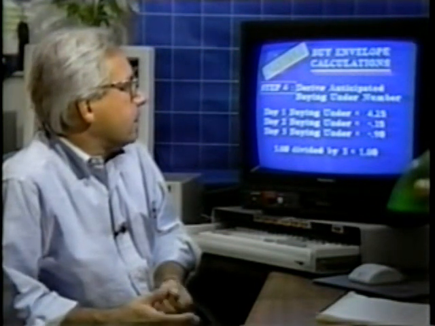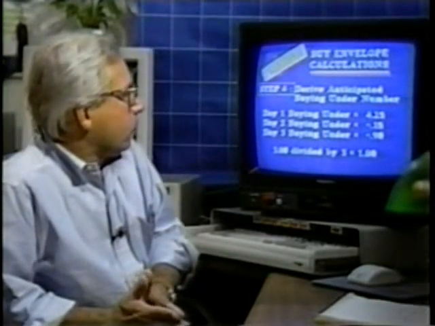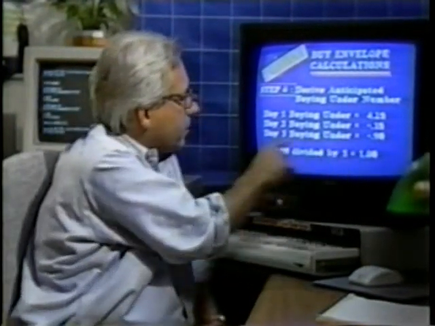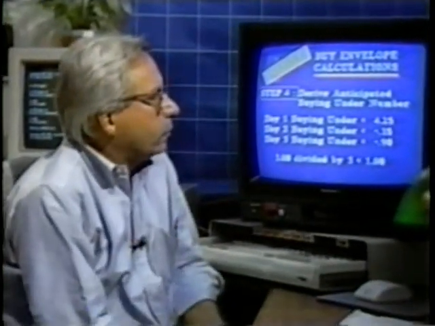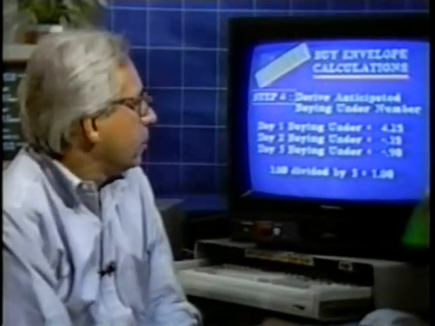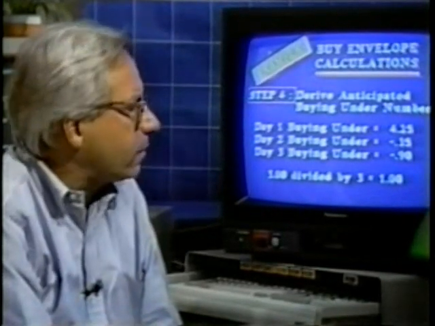Moving on to step 4, we derive the anticipated buying under number. Buying under is a positive number when today's low is lower than the previous day's low. So the latest number will be day 3. Day 1, which is 3 days back, was 4.25 under. Day 2, the low was higher than the previous day, so it's a negative number, minus 0.35.